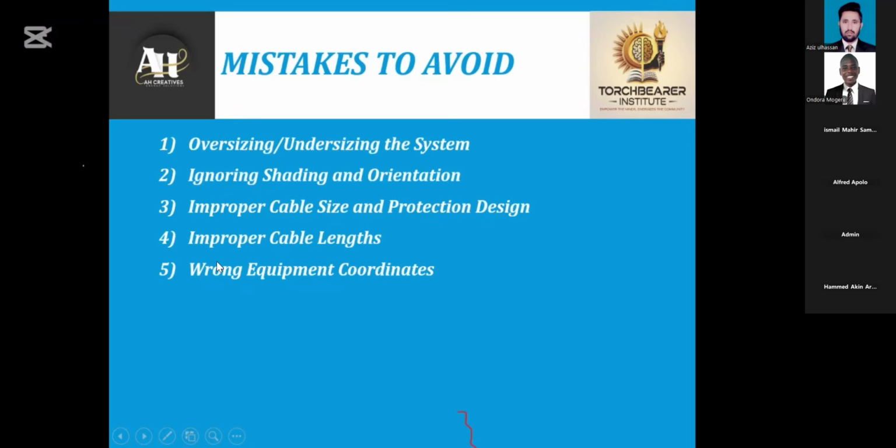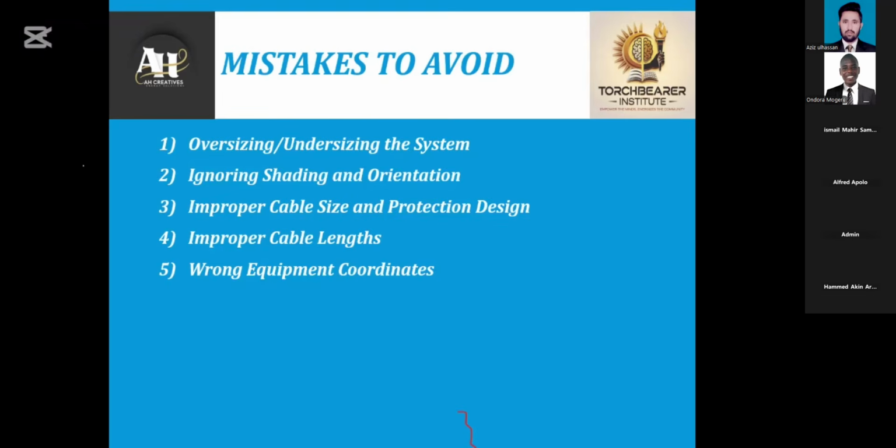Okay, so mistakes to avoid during sizing and designing of a solar system: you should avoid oversizing or undersizing the system, and you're supposed not to ignore shading and orientation. It's very important to consider shading and orientation. It's also very important to do proper cable sizing and protection design, because if you do improper cable sizing, the system can catch fire, or it cannot work properly.